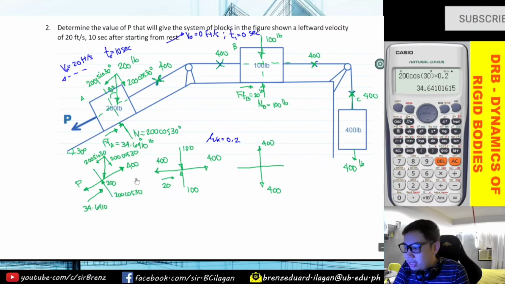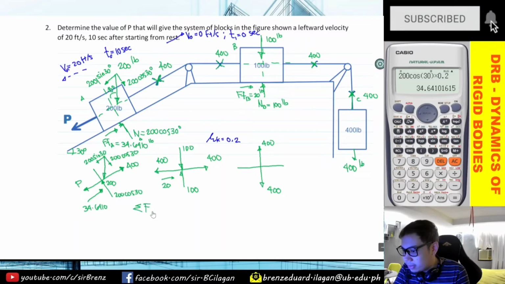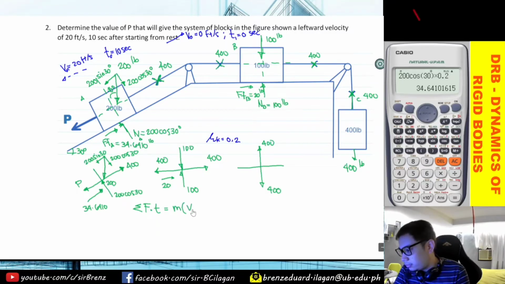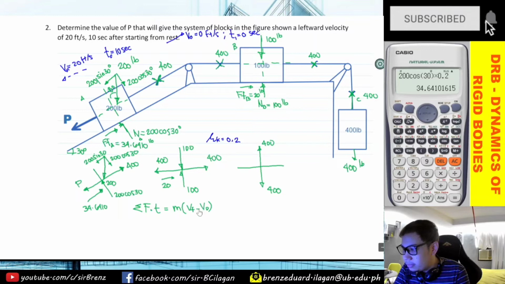So now we can apply the equation for impulse and momentum. So again, that is just equals to the summation of the forces multiplied by the time is equals to mass times the velocity, final velocity minus initial velocity, from which yung initial velocity natin or yung V sub O niyan is equals lang sa 0.